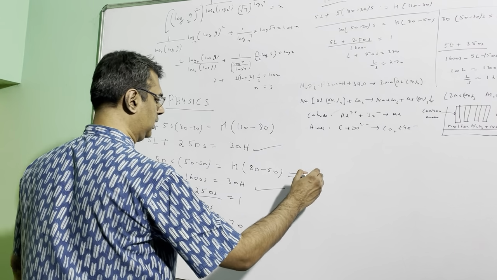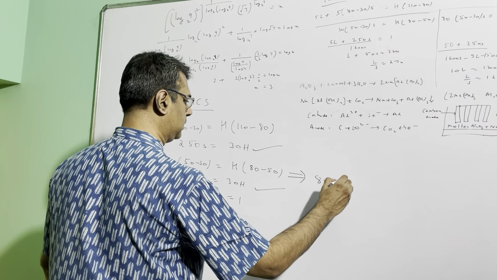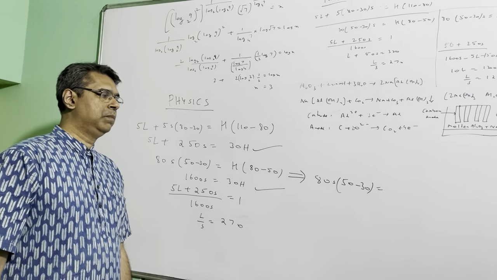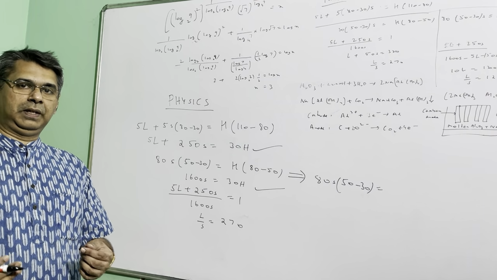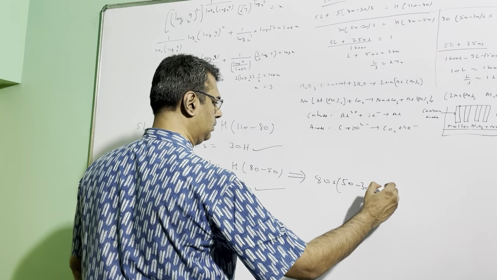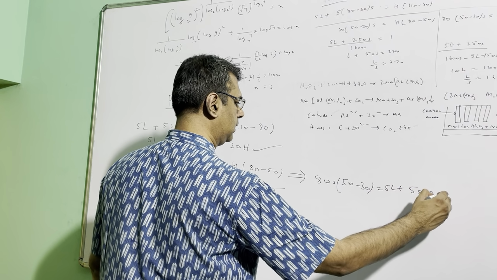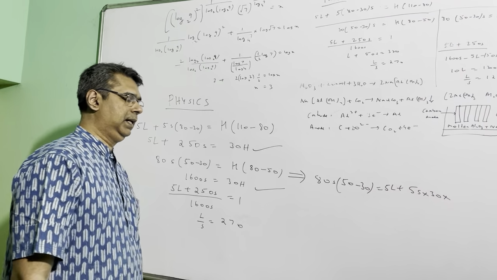The second equation will be 80S into 50 minus 30, and I am not allowing the vapor to escape. So this will be 5L plus 5S into 30, right?